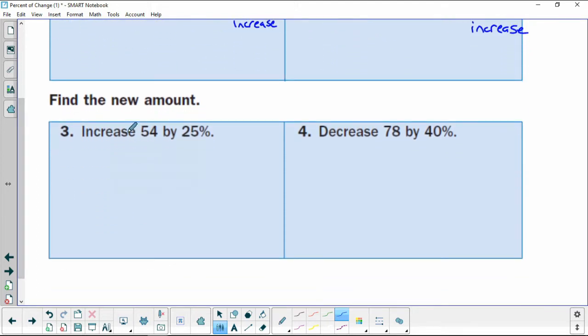Try 3 and 4, increasing 54 by 25%. Okay, it started with 54, and it's getting bigger. So x minus 54 would be my difference, and I'm trying to get 25%, which is 0.25. So I'm going to multiply by 54.